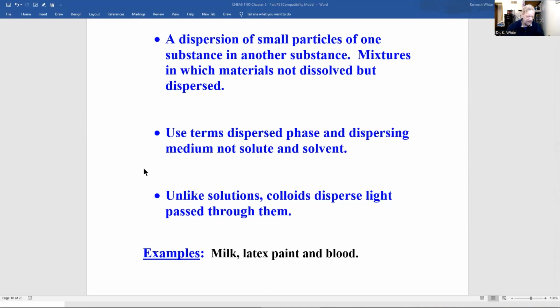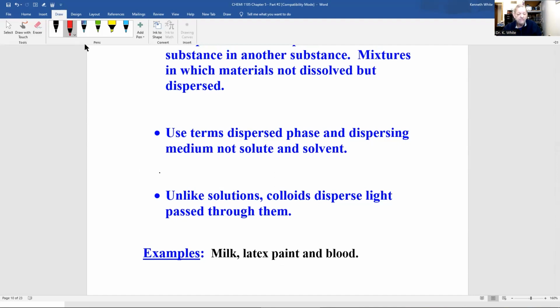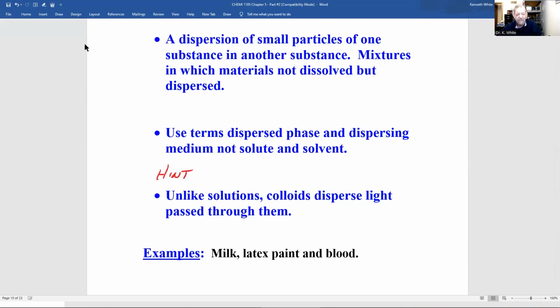Now, this is important, which I better write down. Unlike solutions, colloidal dispersions disperse light through them.